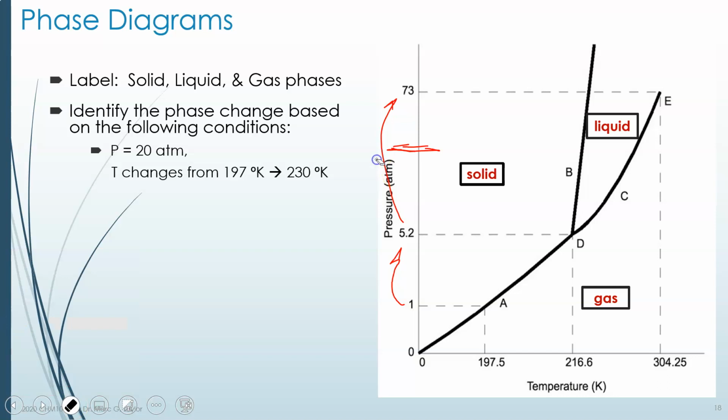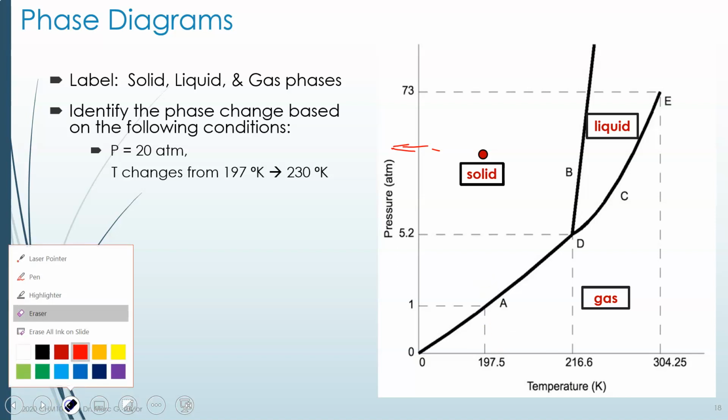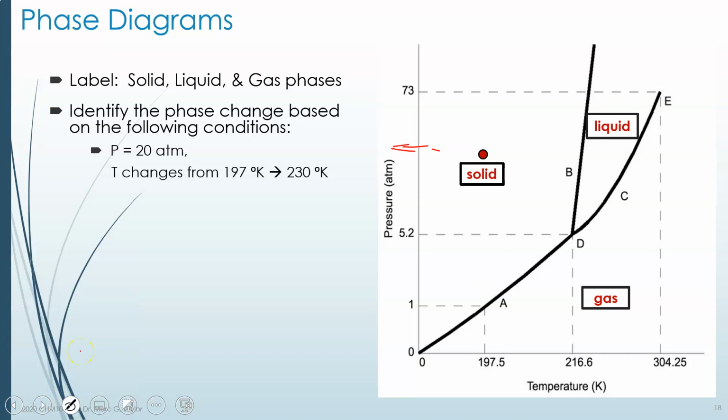So we'll get rid of that and that. So we're up at a certain pressure here, and the temperature we're starting at is 197 degrees Kelvin, which would correspond to roughly this temperature here and this pressure, which puts us at this spot right here. So we're starting at this point. We're clearly at a solid phase of this particular substance, but we're going to warm it to 230 degrees Kelvin.